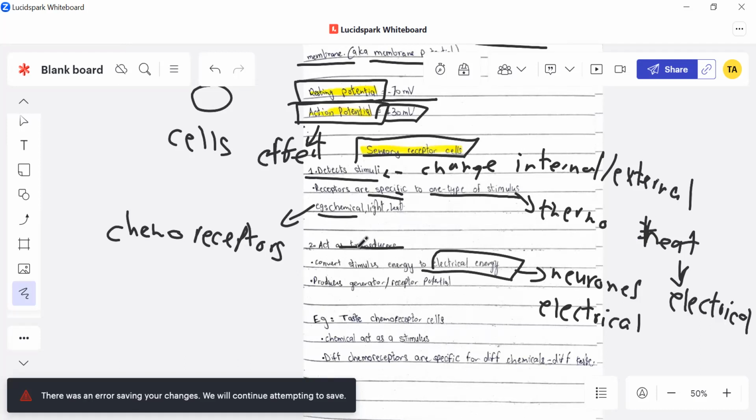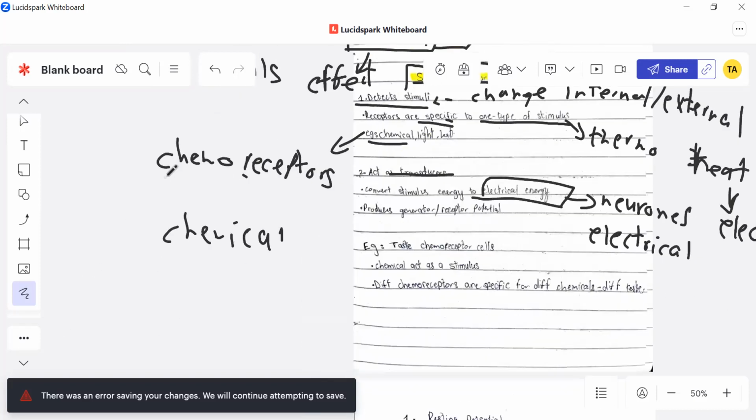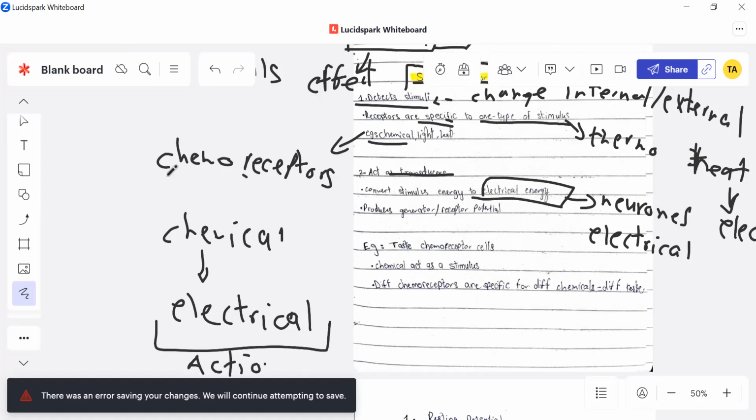Chemoreceptors detect chemical energy and convert it to electrical energy. When electrical energy is generated, this is when an action potential is generated.